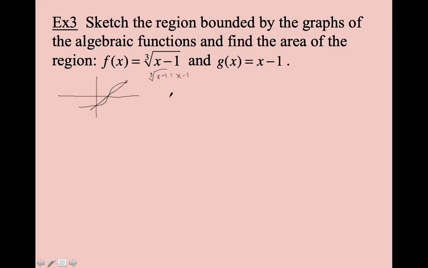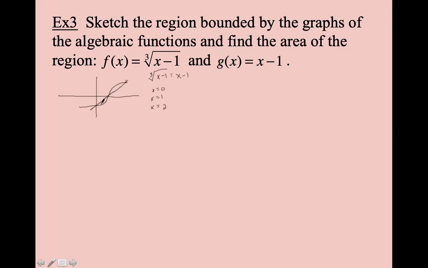And I would have to cube both sides, or you might even be able to just figure this out on your own. And we get that our x values are x equals 0, x equals 1. And this third point here is the point (2, 1). Plug in a 2 here, we get 1. Plug in a 2 here, we get 1. All right, so those are our values, those points of intersection that we're going to use for our limits of integration.